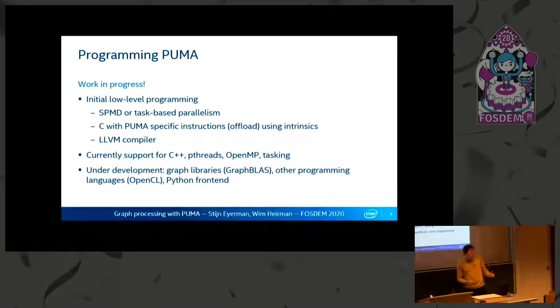In the meantime, there has been increasing support for C++, pthreads, OpenMP, and some tasking. And we're also looking at implementing common graph libraries, other programming languages, and a Python frontend.